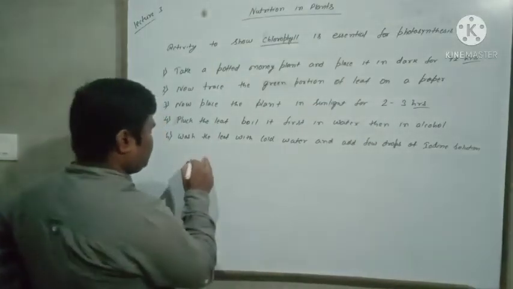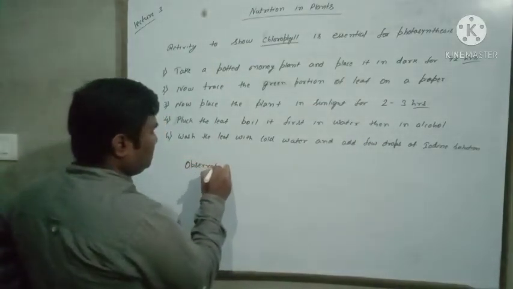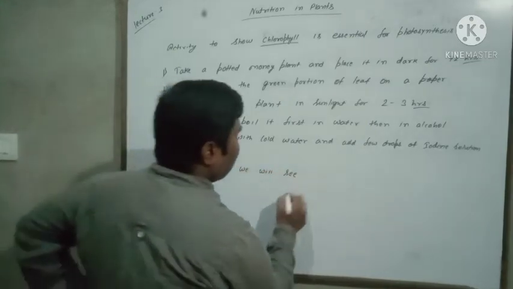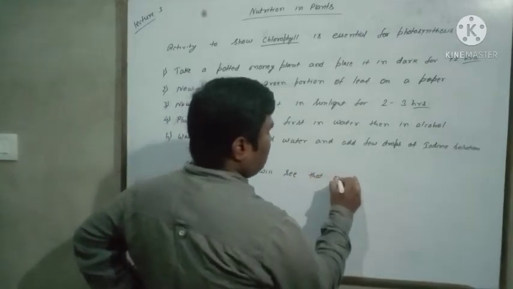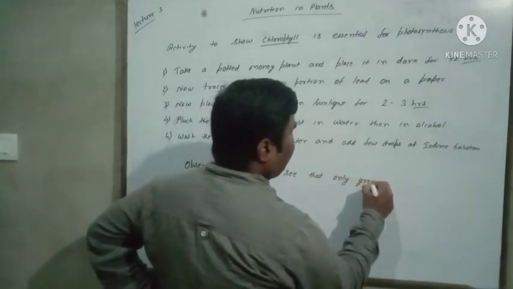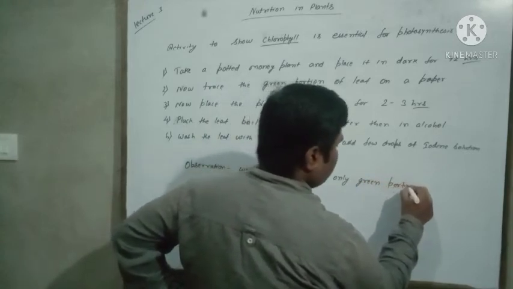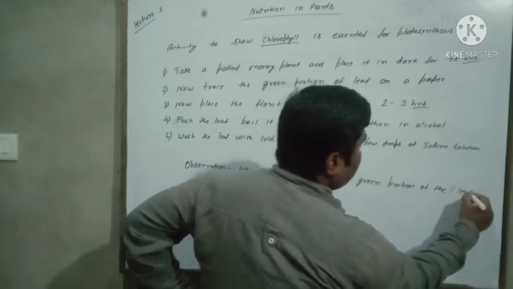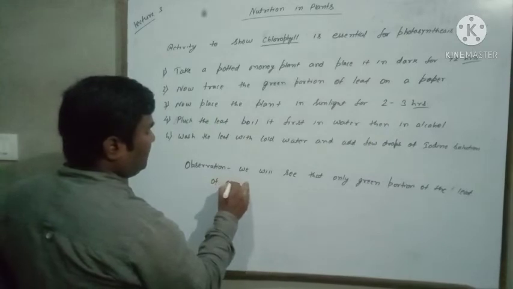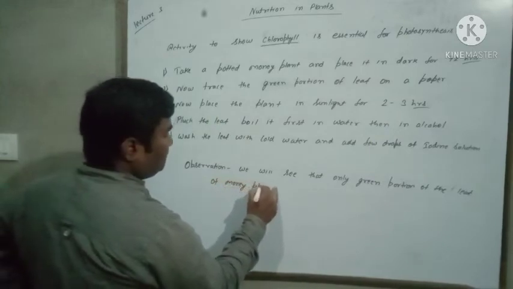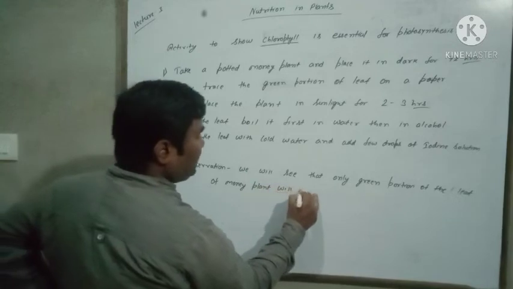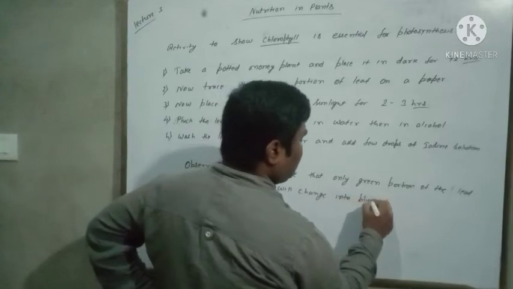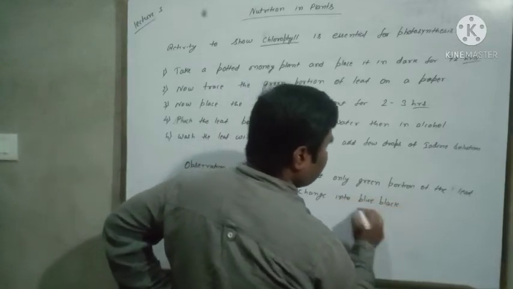ऑब्जर्वेशन क्या देखेंगे आप लोग? We will see that only the green portion of the leaf of money plant will change into blue black.